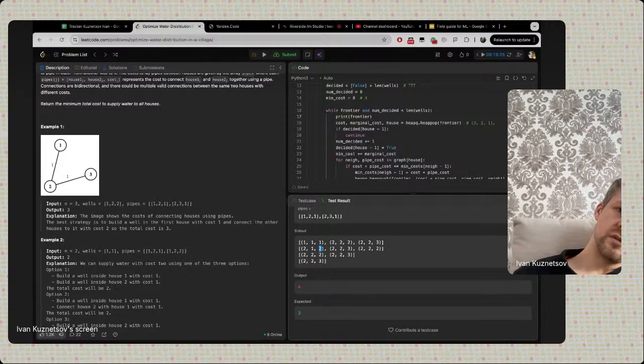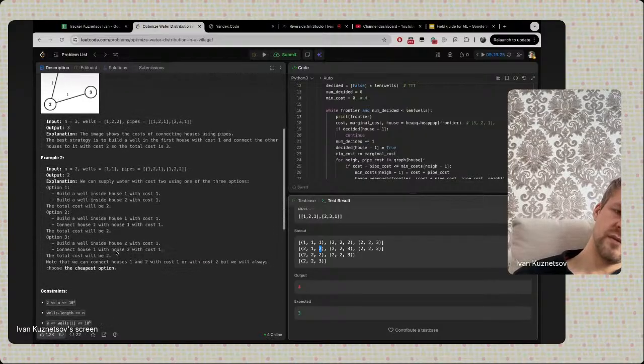Does it mean that we should only process marginal costs to connect things?